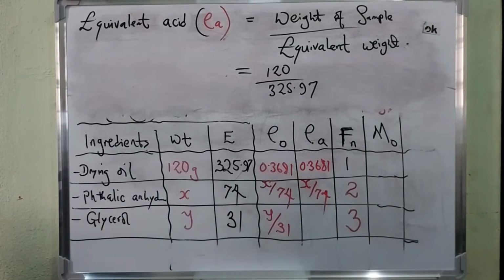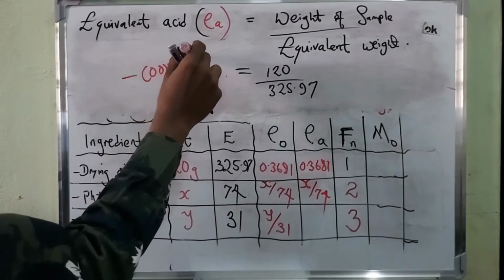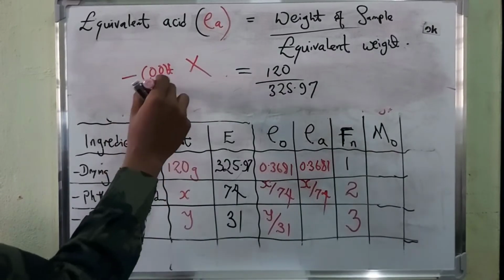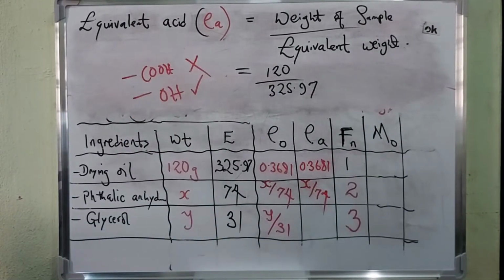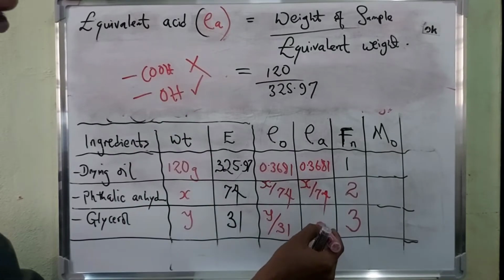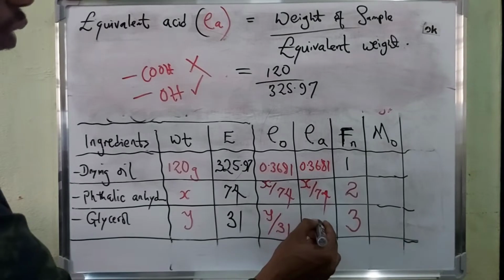But in the case of glycerol, alcohols have no acidic functional group. Instead, the glycerol contains this, making it basic, not acidic. So we won't be having any value for the equivalent acid.